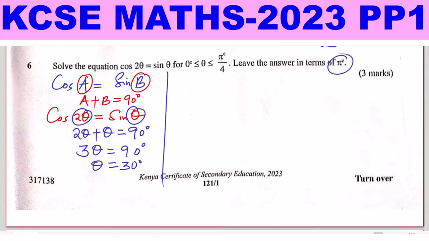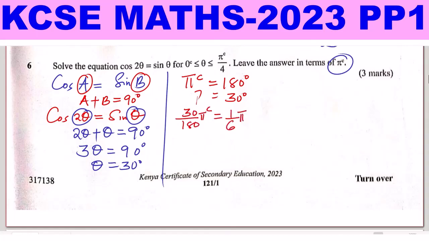So you know how to convert degrees to pi radians. Just recall that pi radians is equal to 180 degrees. So what about 30 degrees? Just cross multiply and you'll find that this will be 30 divided by 180 pi radians, which will give 1/6 pi radians. That is equivalent to 30 degrees.